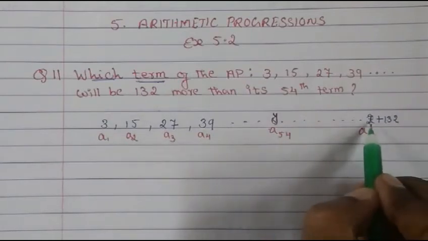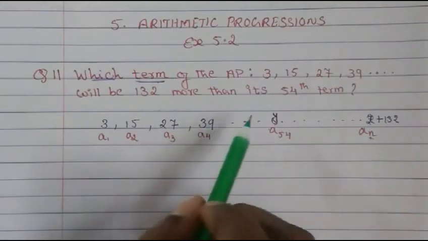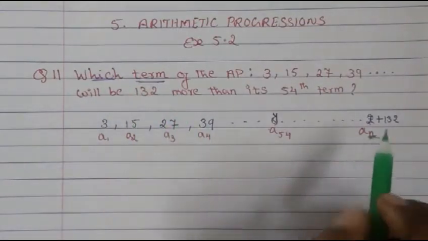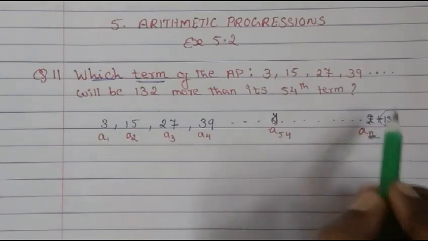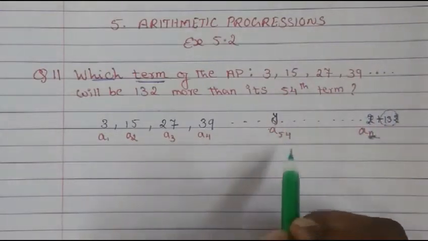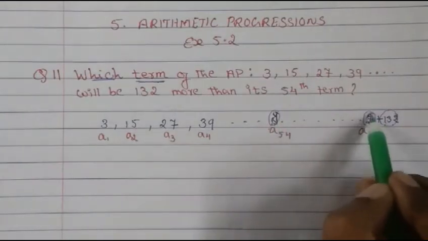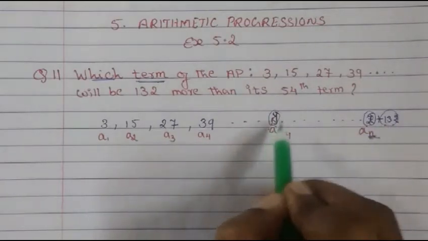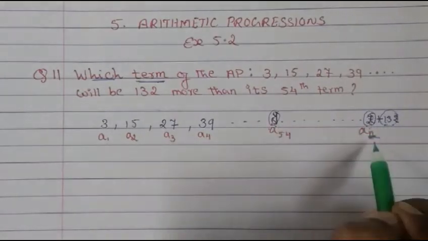So what they are trying to tell us is, we have to find out which term is 132 more than the 54th term. Whatever the number is, the answer we have will be 132 more than this term, right?